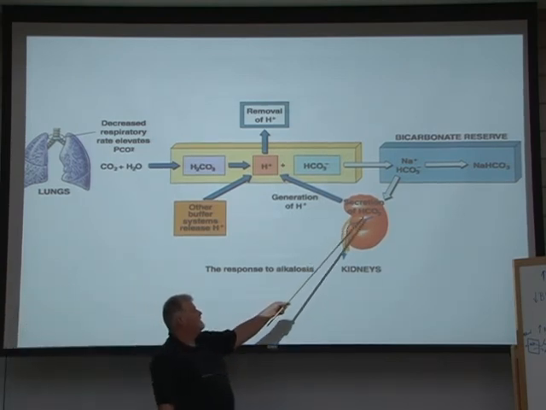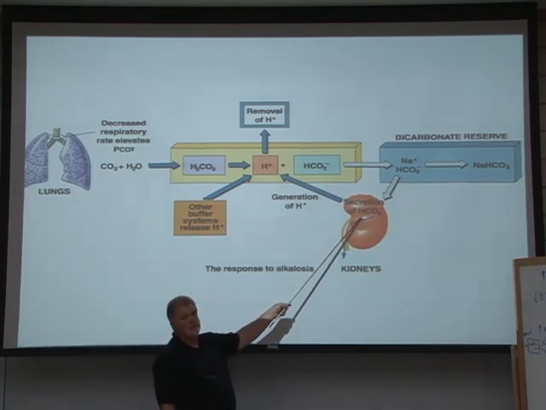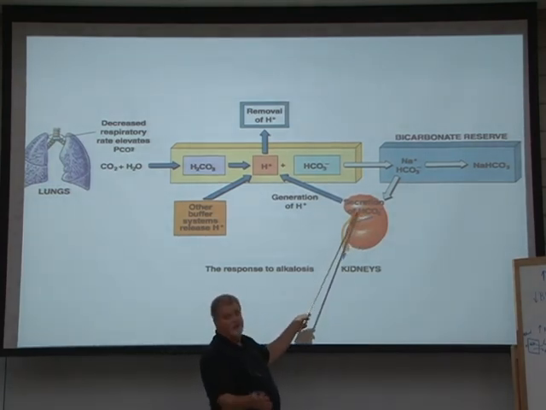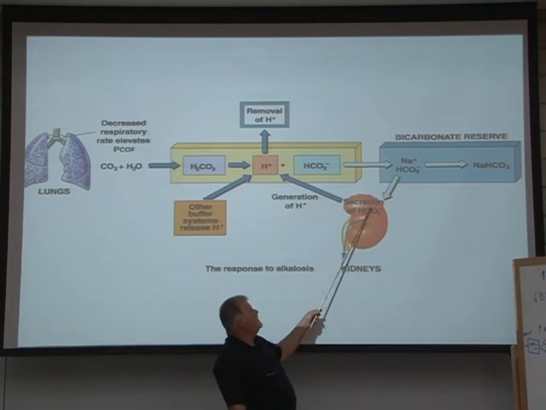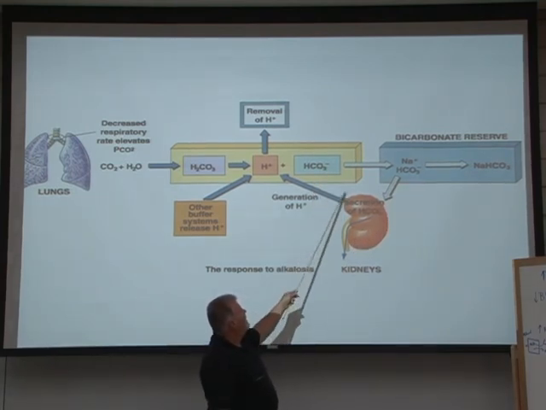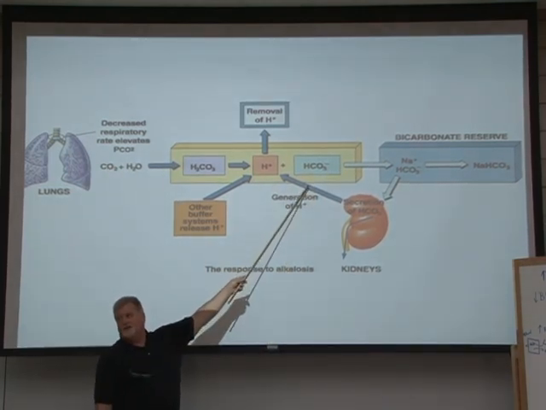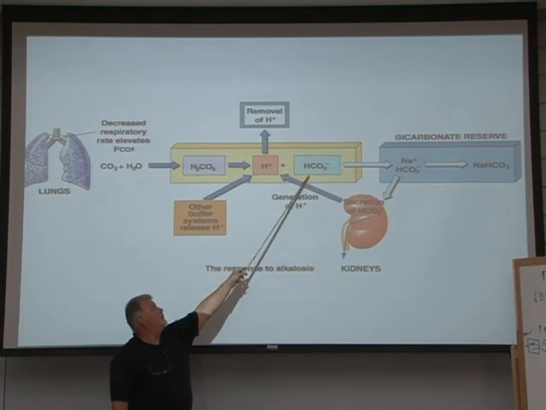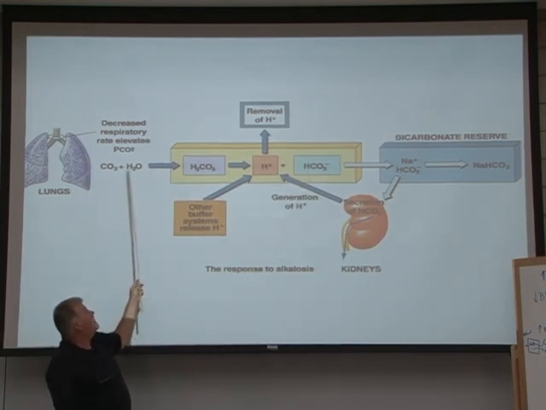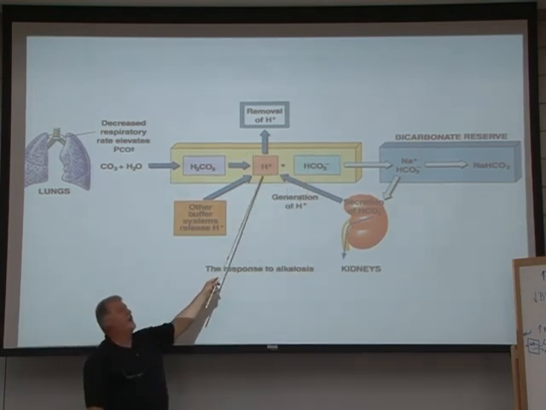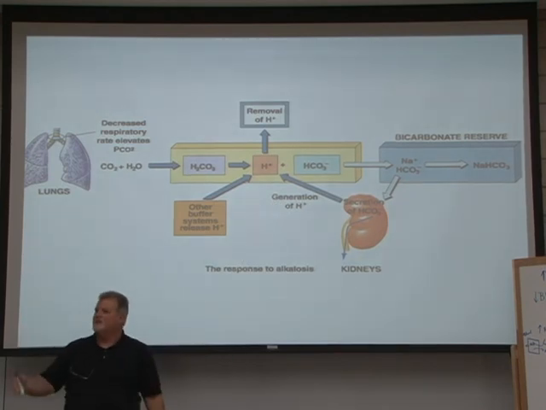And then the patient would begin to secrete bicarbonate in their urine, which would make it more basic. The reason is, again, if I can take this bicarbonate here and remove it, then I'm going to drive this equation in that direction. If I remove a product, I have to make more product, and I'll get more hydrogen, which is what I want to do.